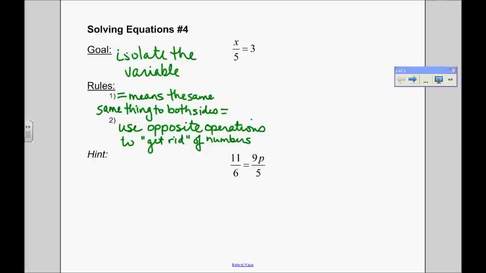And just a hint, sometimes if you simplify before you start getting rid of stuff, it makes your life easier.